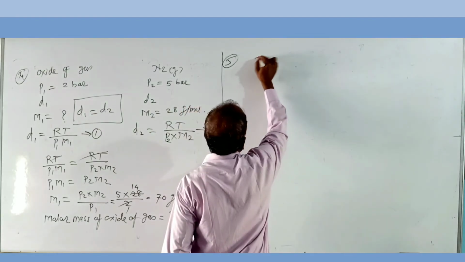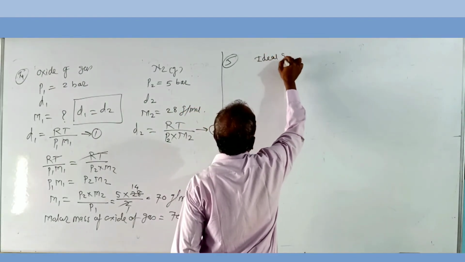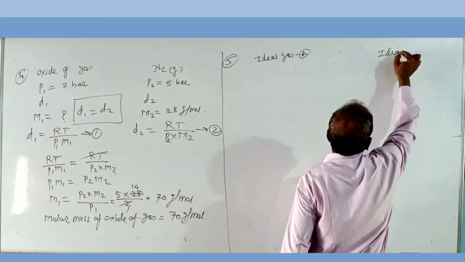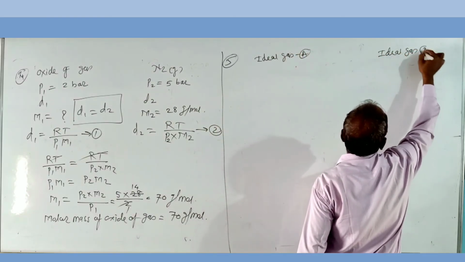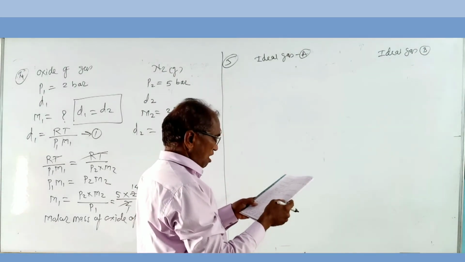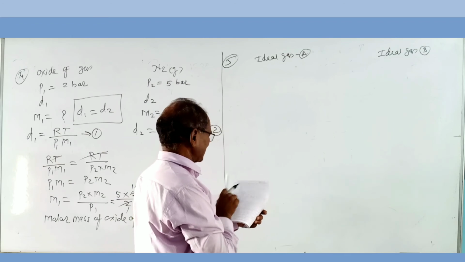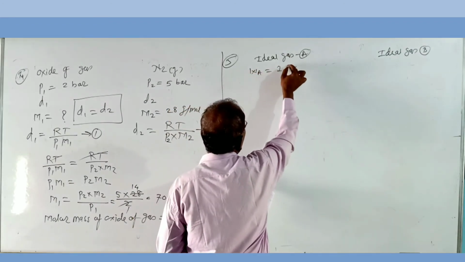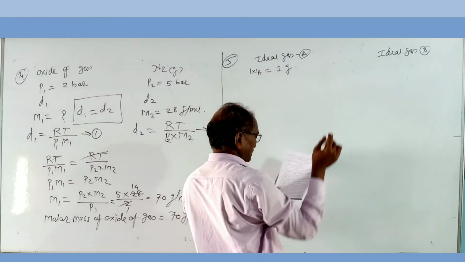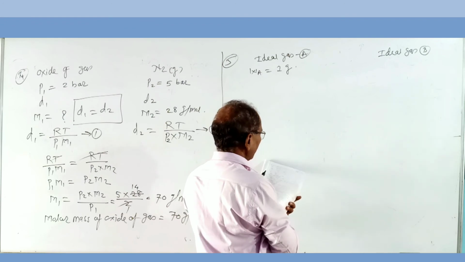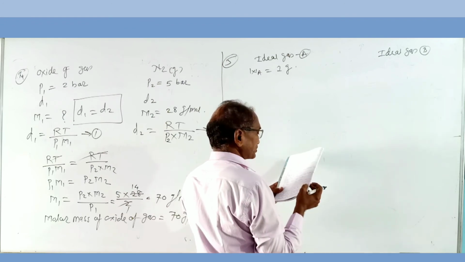Here, first ideal gas A and ideal gas B. Here, 1 gram of ideal gas means WA is equal to 1 gram. Ideal gas A at 27 degrees Celsius is introduced.